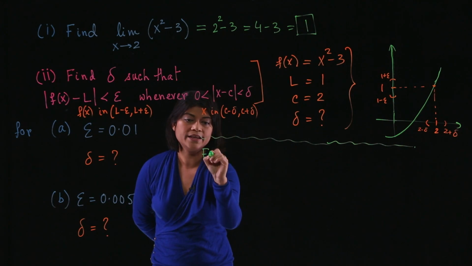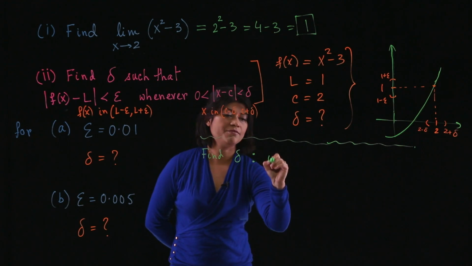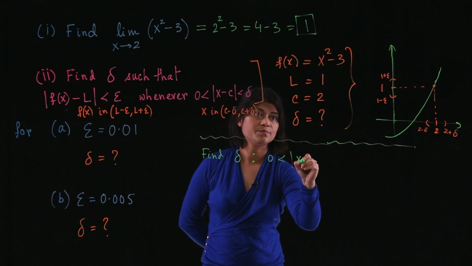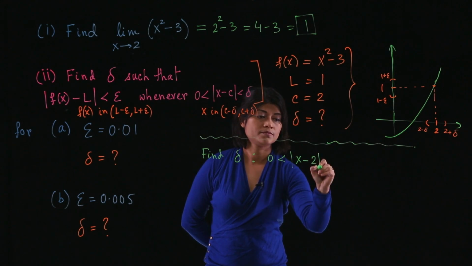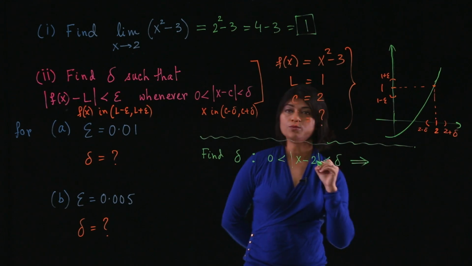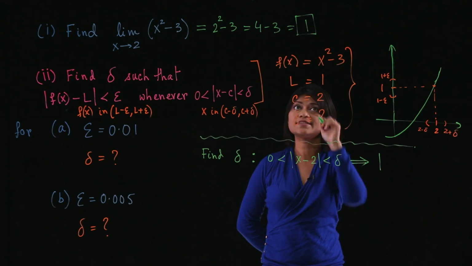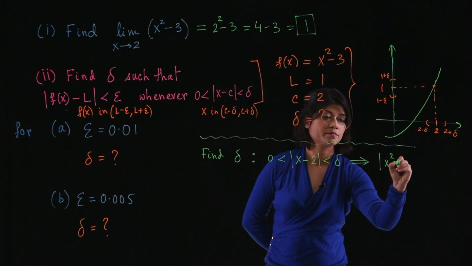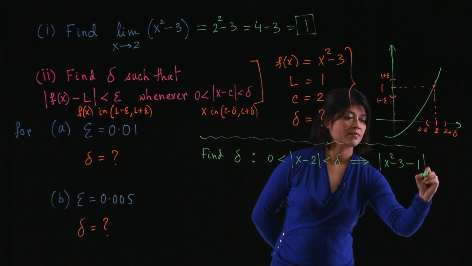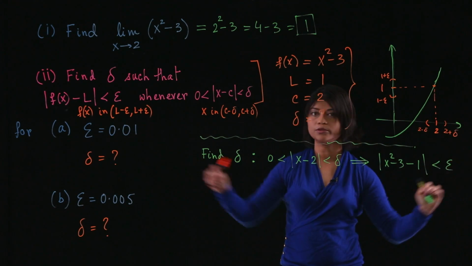We have to find delta such that whenever 0 is less than absolute x minus c, where c is 2, less than delta, the guy we don't know, then we will get absolute f of x, which is x squared minus 3, minus L, which is 1, less than epsilon, where epsilon has various values, which we will deal with later.